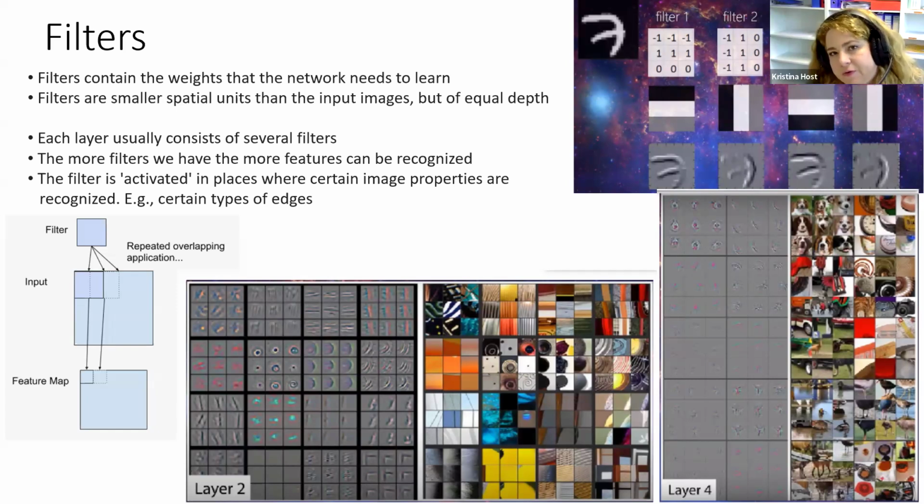The deeper you go into the network, you will find some patterns, and then maybe deeper you can find some little objects, for example the wheel of a car or the head of a dog, and small parts that are important to detect a final object.